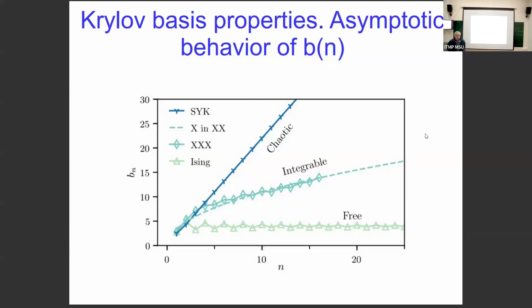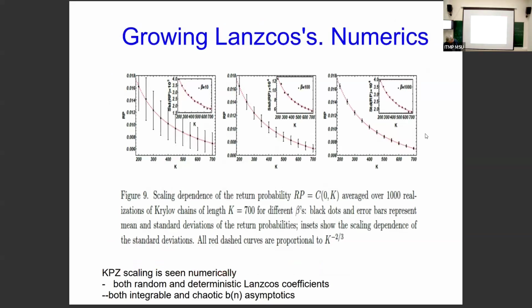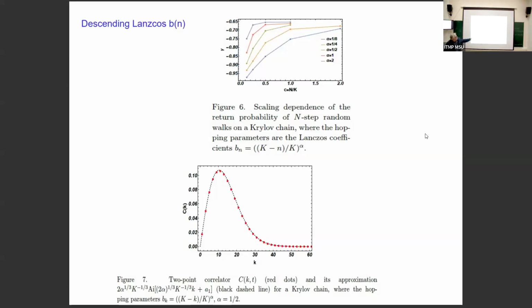Well, it's possible to consider a generic one. For instance, in our pictures, alpha here are just different powers. So we investigate the dependence of the Lanczos coefficient b_n on n to the power alpha.